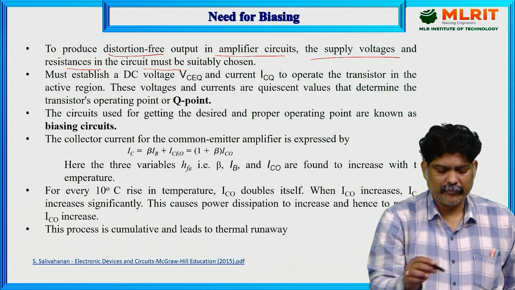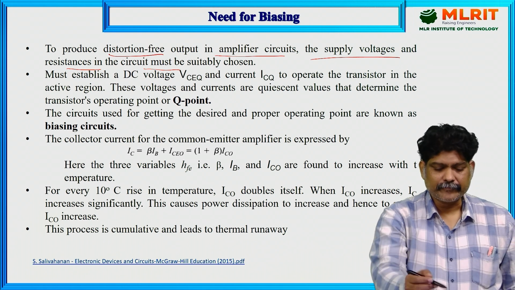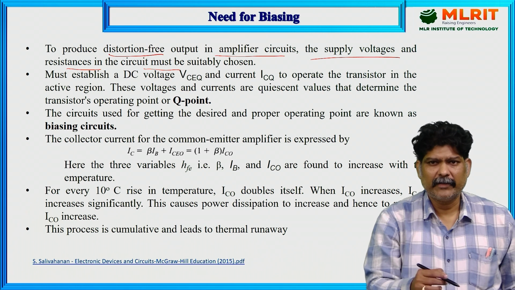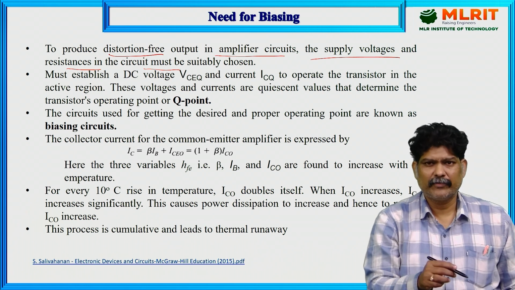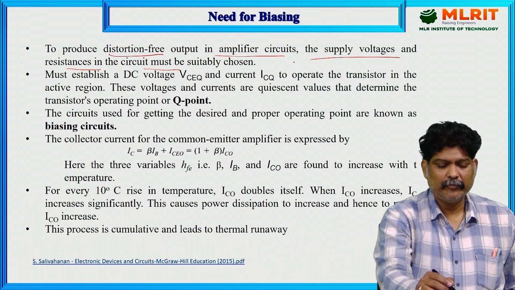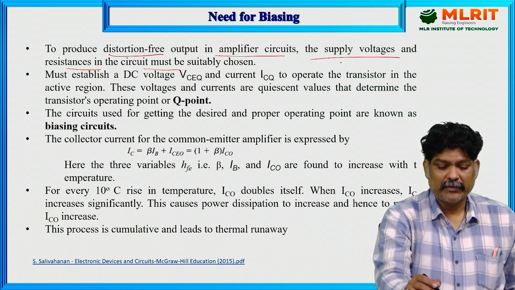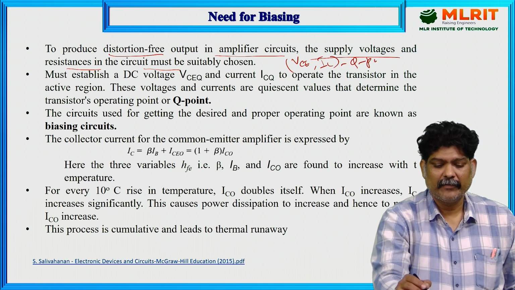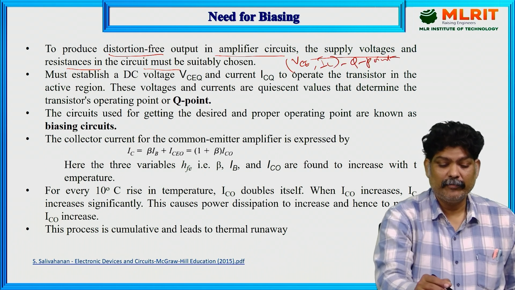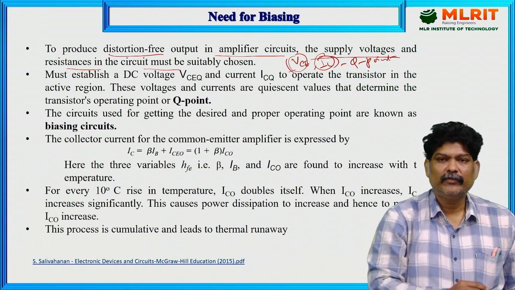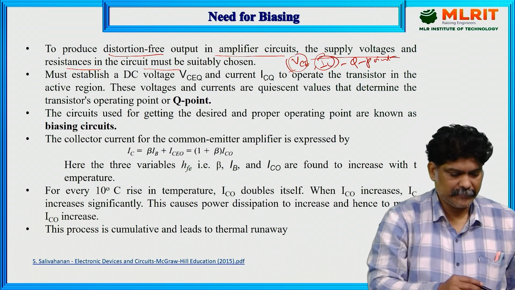For example, if you consider the common emitter configuration, which is mostly used for amplification purpose, we have to maintain proper supply voltages. That is VCE, IC, the Q point. We must maintain these values, and in order to maintain them, we have to give some biasing.